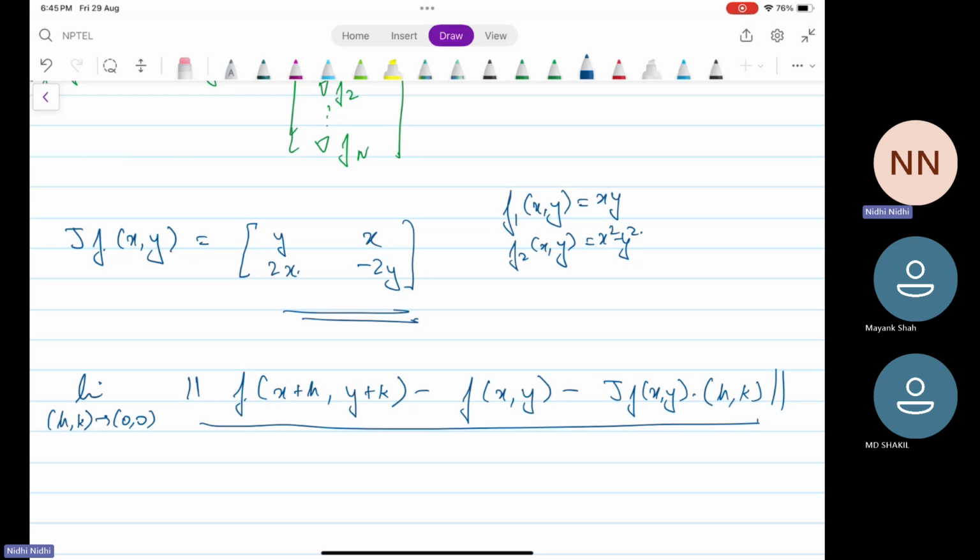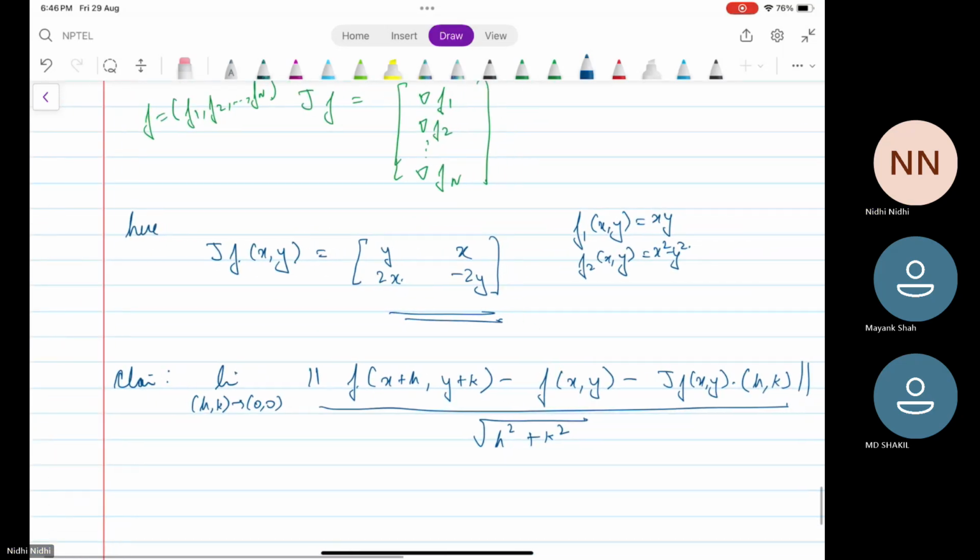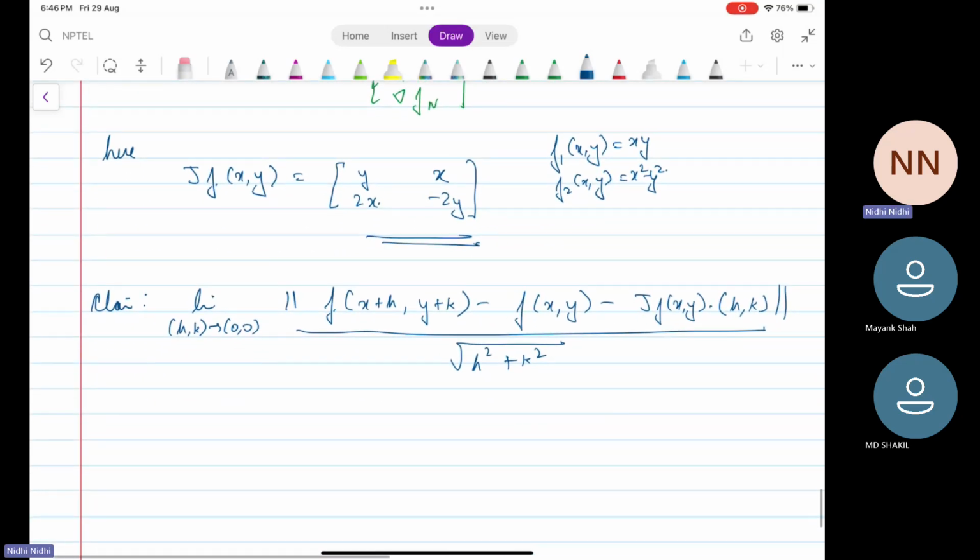In R2, our norm is the Euclidean norm, the square root of h square plus k square. I think you can evaluate this.